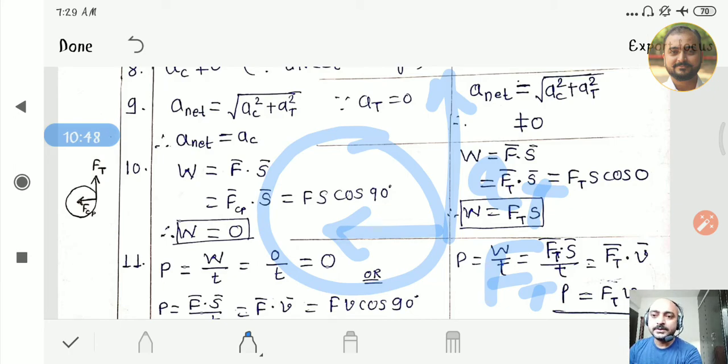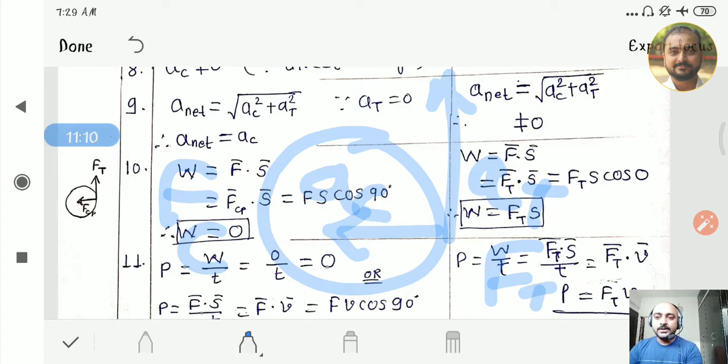Also ac is present towards the center, so a force is present which is called the centripetal force. Remember friends, we consider two forces here: one is called the centripetal force and the other is called the tangential force.